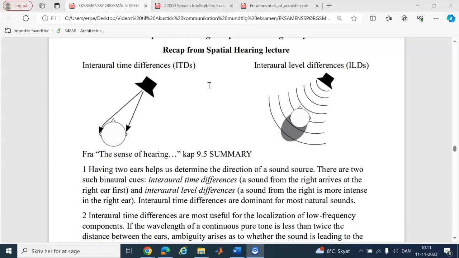There are two such binaural cues. Interaural time differences: a sound from the right arrives at the right ear first, for instance. And interaural level differences: a sound from the right is more intense in the right ear.